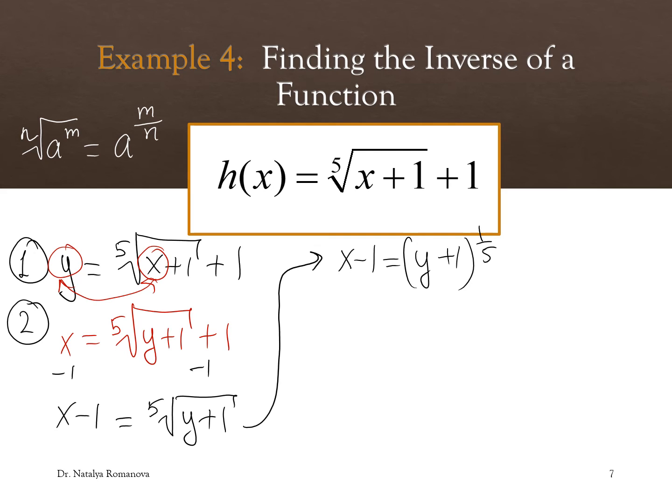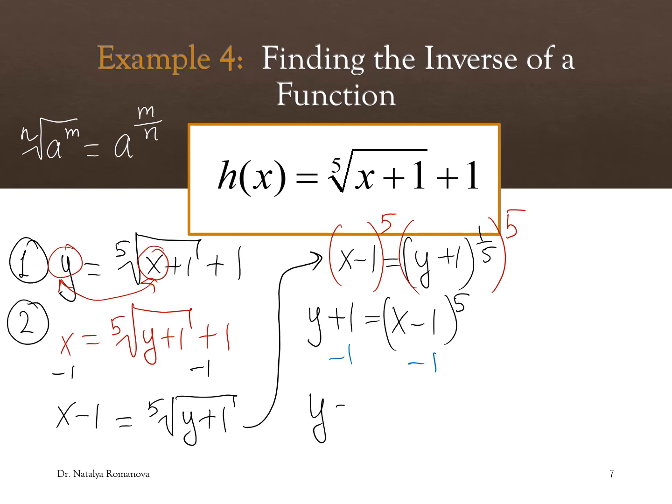to the 1/5 exponent. Now we need to raise both sides of our equation to the power 5. We can write y plus 1 equals (x minus 1) to the fifth. Next step, subtract 1: y equals (x minus 1) to the fifth minus 1.